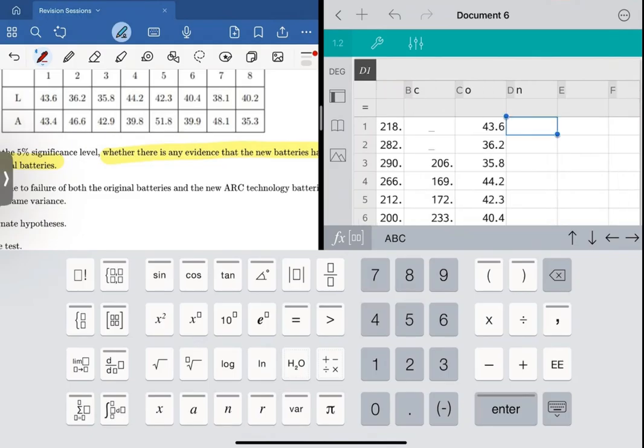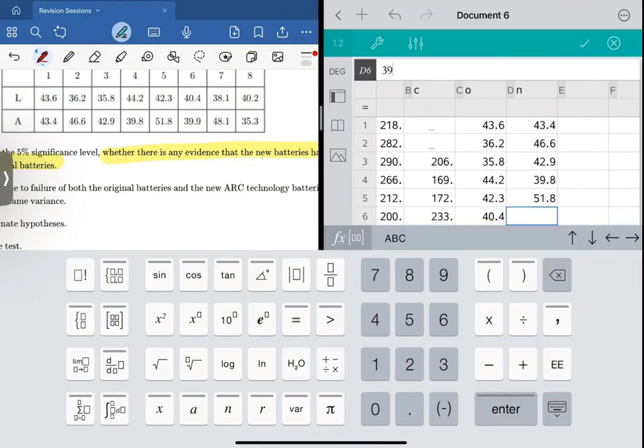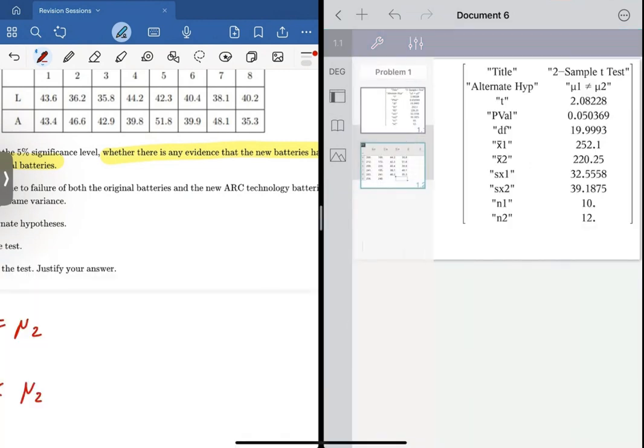Okay. Second group of data. 48.1 and 35.3.